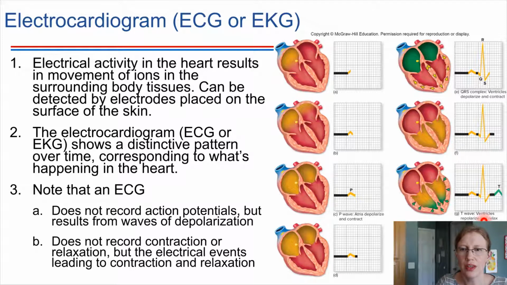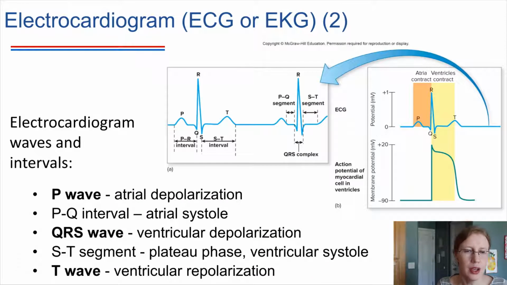So let's look at one of these pictures a little bit closer up. The electrocardiogram has these three distinctive peaks, and those correspond to depolarization in different regions of the heart. The P wave, this first little bit right here, corresponds to atrial depolarization. After that depolarization is when the atria would actually contract, followed by the QRS wave.